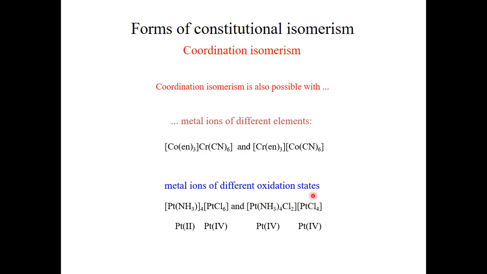And here we have tetrachloroplatinate 2-. In this case, the platinum is also in the oxidation state +4. That's because the anion has a 2- charge. So we have 2 platinums, sorry. The anion must have a 2- charge.